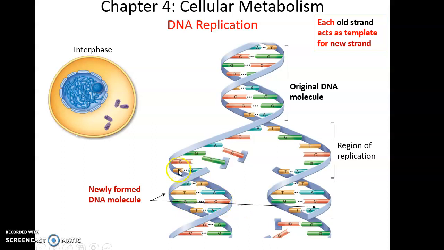So if there's a T in the old strand, you get an A in the new strand, C in the old strand, G is added in the new strand. And this is done twice for each of the single-stranded strands of DNA formed from the original DNA molecule. So each old strand acts as a template for the new strand.